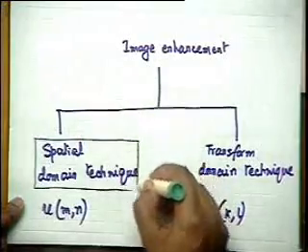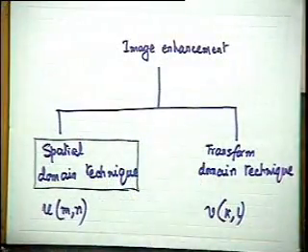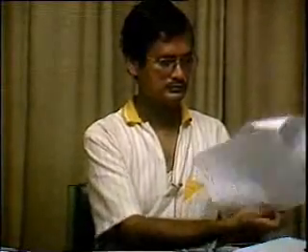Now at first I will begin with the spatial domain technique. So today we will start with the spatial domain techniques of image enhancement. In the spatial domain approach, the image processing function can be expressed like this.